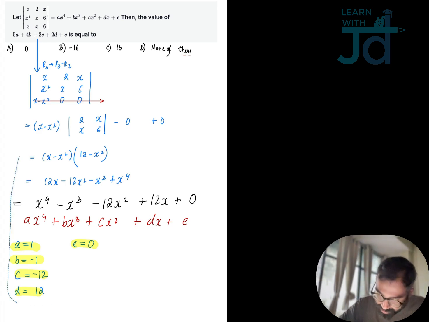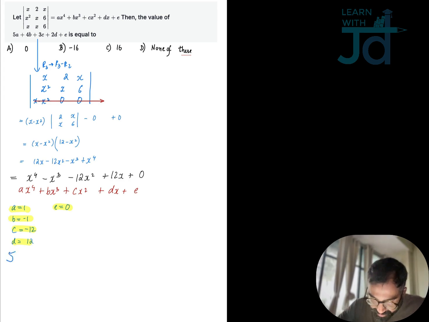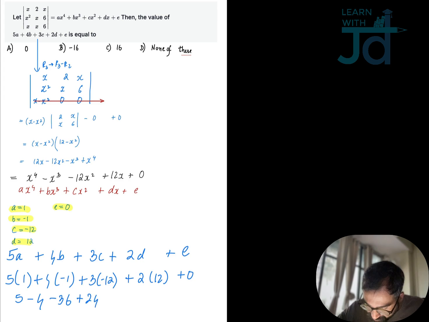So you want the value of 5a plus 4b plus 3c plus 2d plus e का value, तो 5 into 1 plus 4 into -1 plus 3 into -12 plus 2 into 12 plus 0, that is 5 minus 4 minus 36 plus 24 is equal to कितना आ रहा है, 1 minus 12, तो basically 1 plus 1 minus 12 आ रहा है, -11 आ रहा है, right?